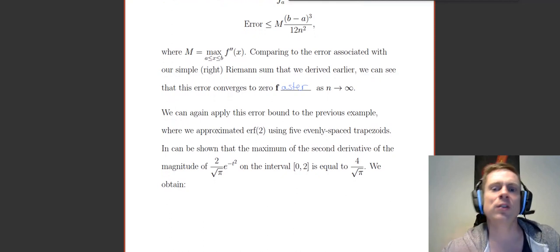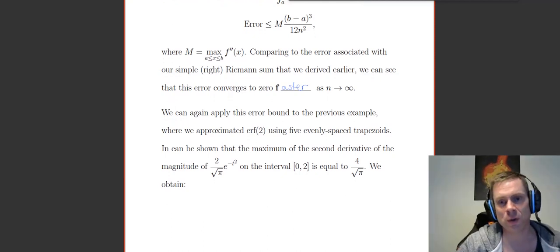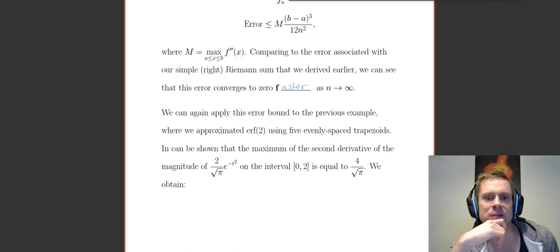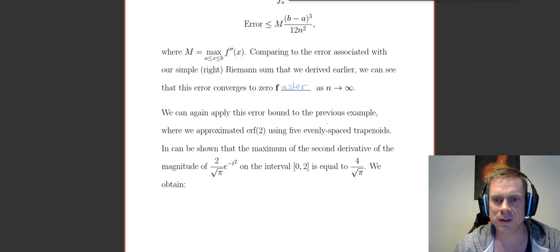Okay, so I just wanted to apply this error bound to our problem from the last page. We can apply it to the previous erf of 2. We had 5 evenly spaced trapezoids, so our n is equal to 5 here. Our a and our b were 0 and 2 respectively.